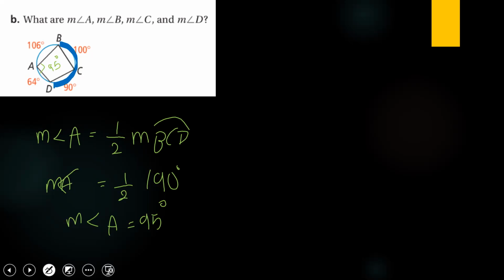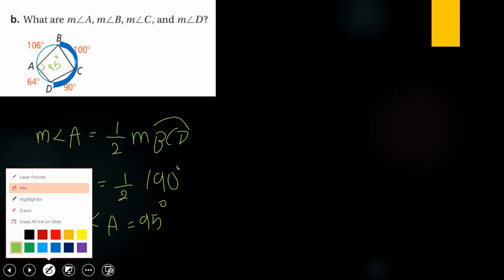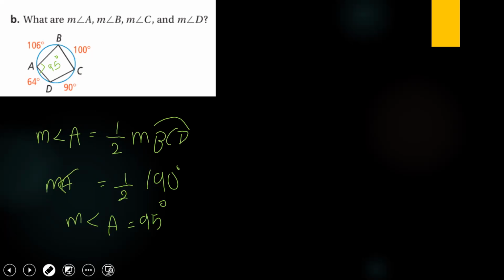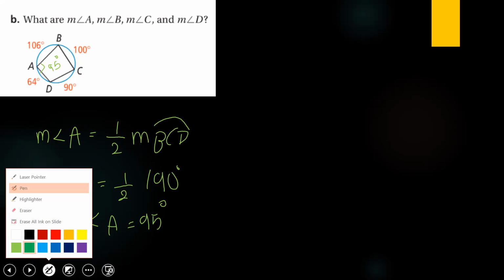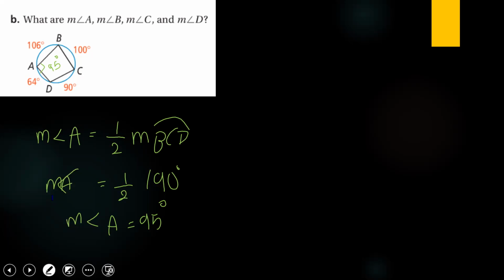Now, let's find the measure of angle B. How do we find its intercepted arc? Look at angle B. Its two sides go to A and C. So the curve from A to C will be its intercepted arc. For angle B, we said it is half the measure of the intercepted arc.